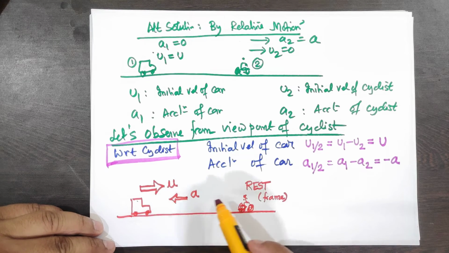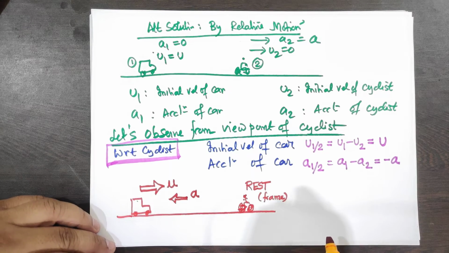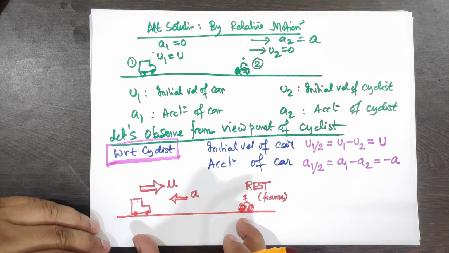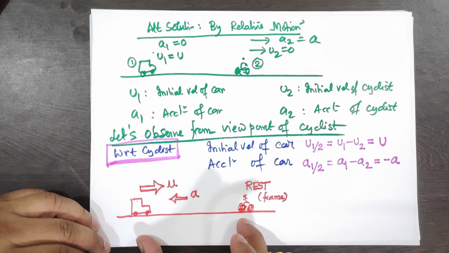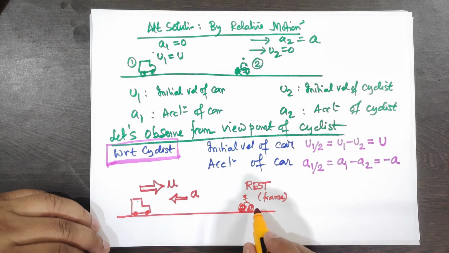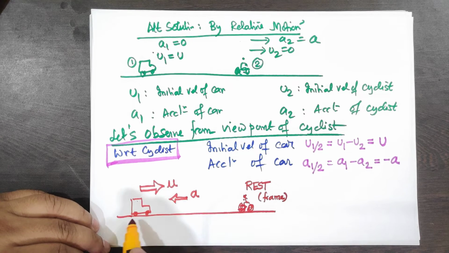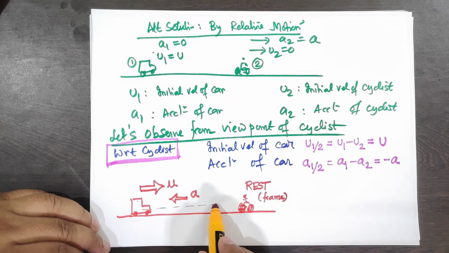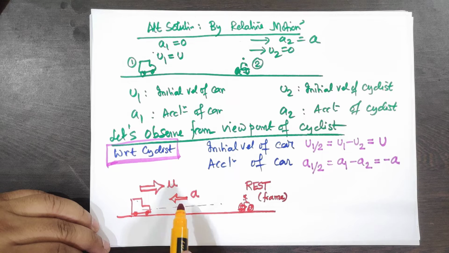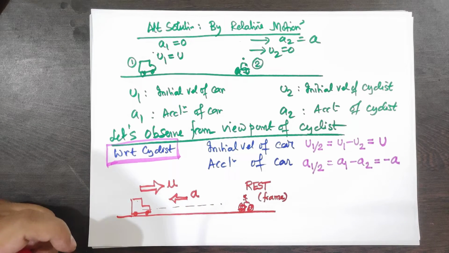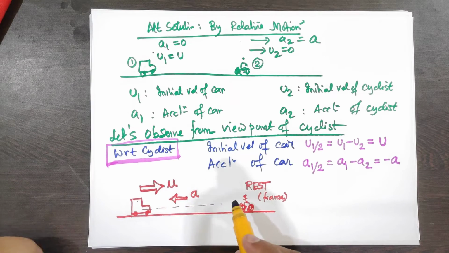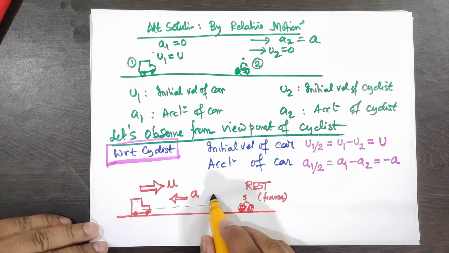Minus a means acceleration a towards the left. If the car catches the cyclist, they have to be in the same place. So with respect to the cyclist, the car starts with velocity u with a retardation a. If it cannot catch, then obviously it has to have a stopping distance, right?